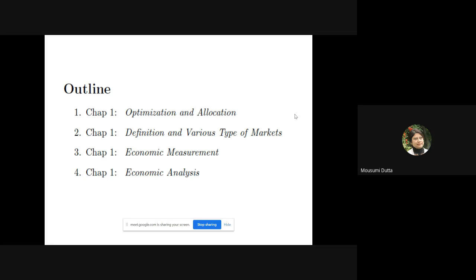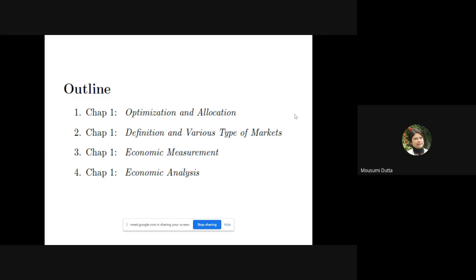In the first chapter, after understanding the importance of optimization and allocation, we will discuss different definitions of various types of markets. I'll also talk about different types of economic measurements we need in the case of microeconomics.